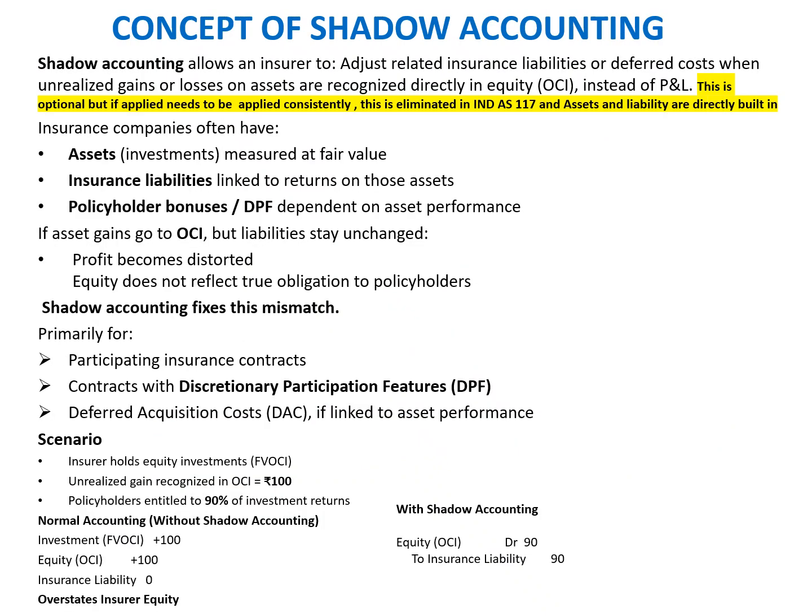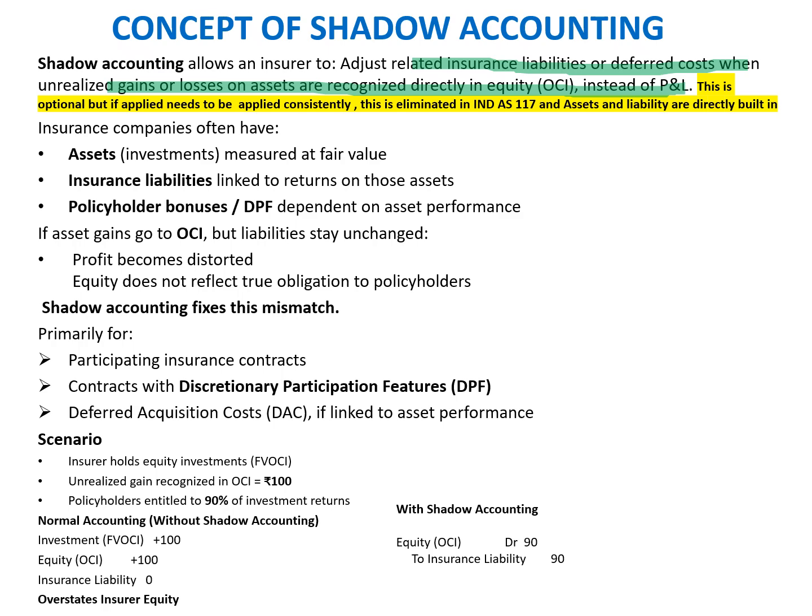Okay, now we'll talk about an important concept that is unique to insurance companies, which is shadow accounting. And what does this mean? Shadow accounting is basically a methodology which allows an insurer to adjust the related insurance liability or deferred cost when unrealized gains or losses on assets are recognized directly in equity instead of P&L.